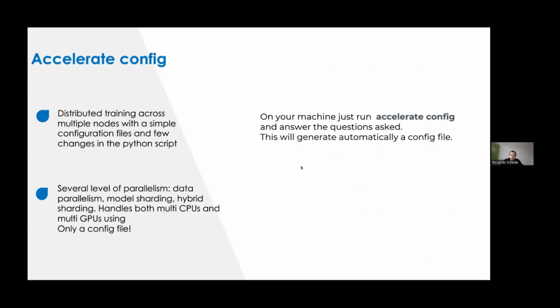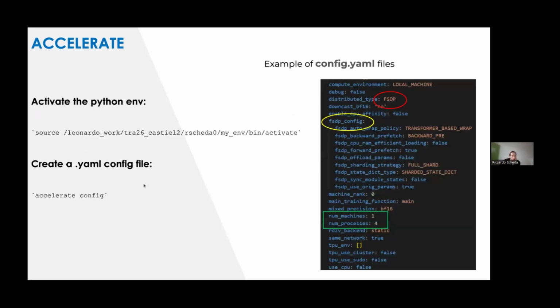And we will see now how to make a configuration of Accelerate. With Accelerate, we can also use different types of parallelism. So if you want, we can try to configure Accelerate using the config file and creating it.